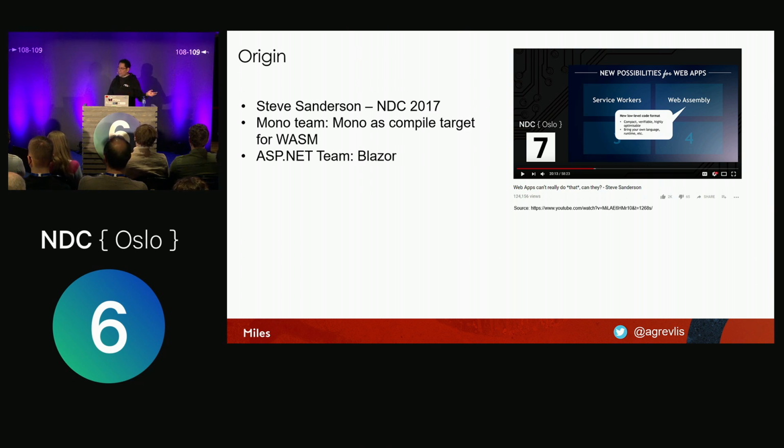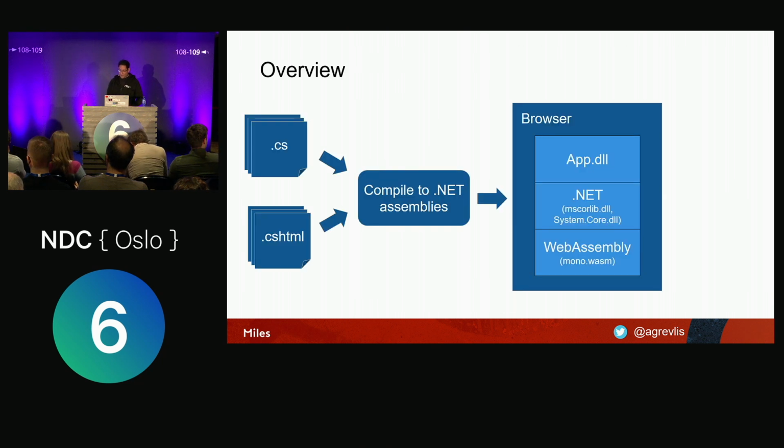One was the Mono team. Mono was an open source project where they had compiled the .NET runtime into a framework that you can actually use in WebAssembly. And then the other team was the ASP.NET team that took responsibility of this and tried to make it into a more commercial offering that we now know as Blazor.